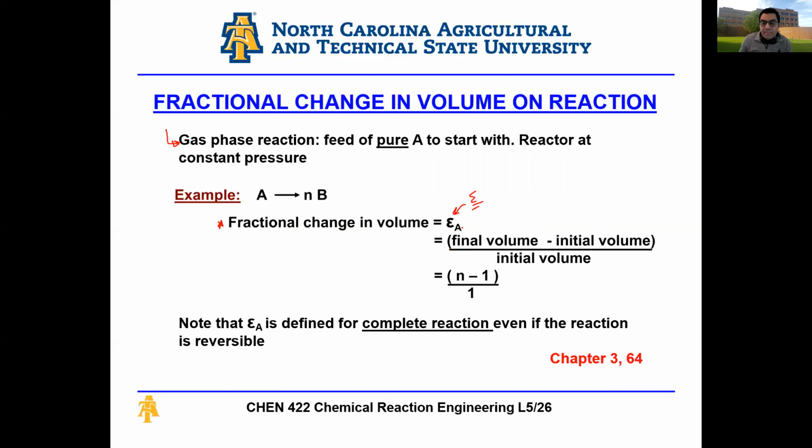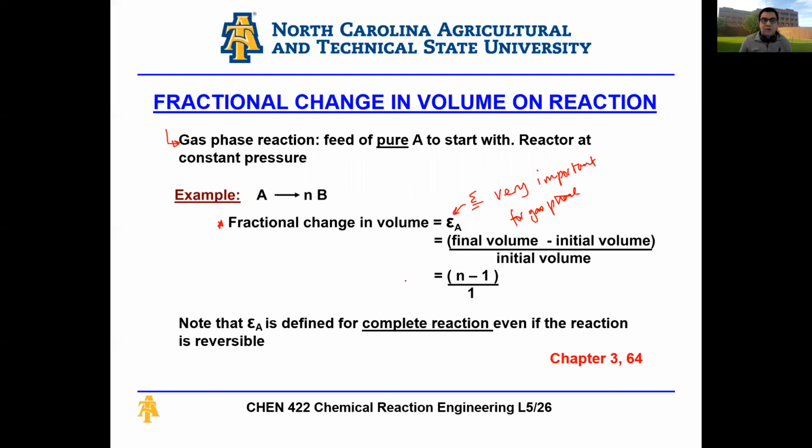And you have to understand that this is very important for gas phase reactions, because in gas phase reactions, usually a change in number of moles corresponds to a change in reactor volume, okay?